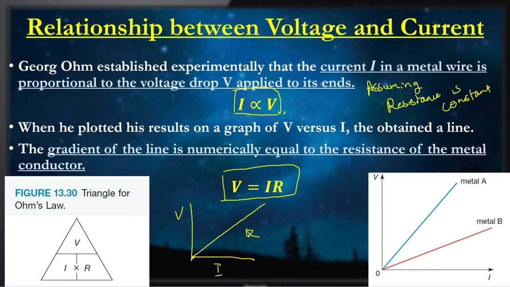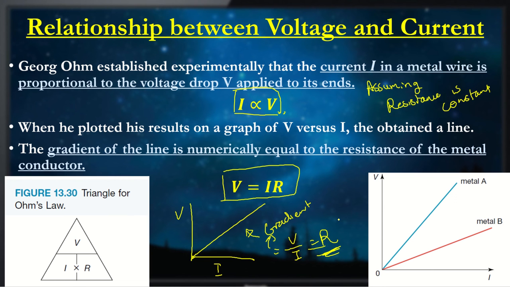This gradient value, if I rearrange the equation, voltage divided by I equals our gradient, which is also equal to the resistance. So if I graph voltage divided by current, we will find the resistance of a circuit.